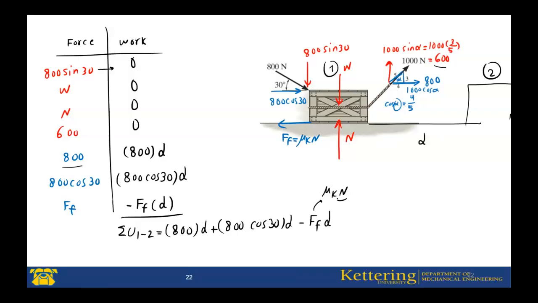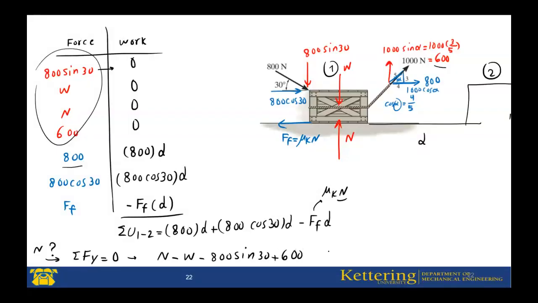We need to find the normal force, as I did on the previous slide. Writing the forces along the y direction equal to 0, the forces in red: normal force minus weight minus 800 sine 30 plus 600 equals 0. If we calculate this, normal force will be 781 Newton.